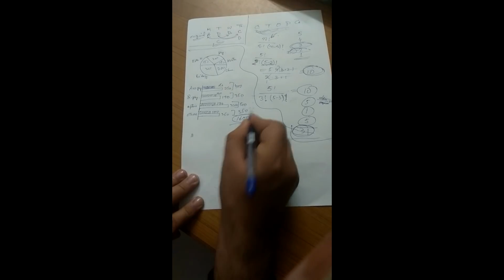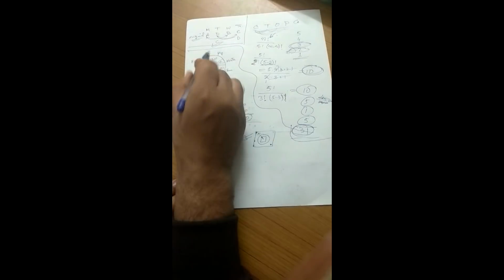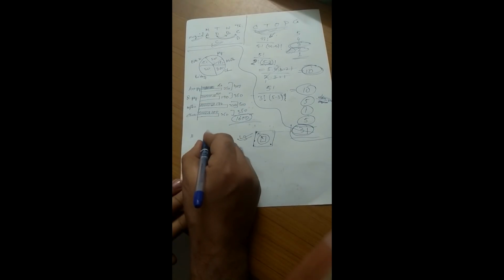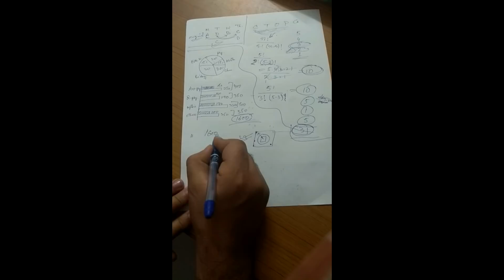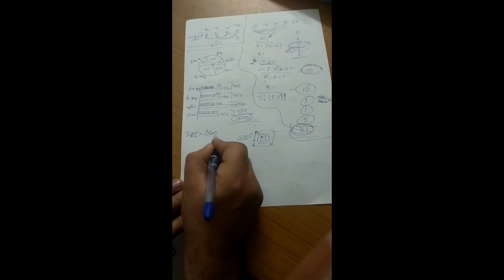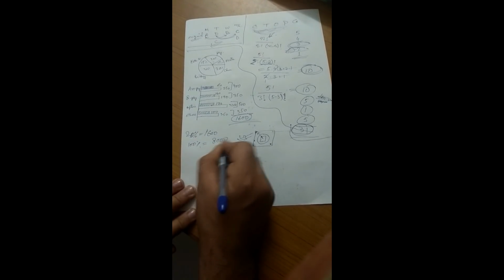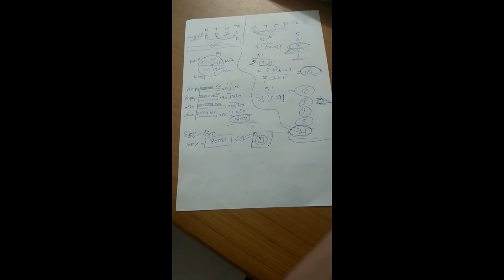So 1600 is the number of physics students studying in the university, which is 20% in the pie chart. If 20% is 1600 students, then 100% will be equal to 8000. That is, 8000 students are studying the science stream.